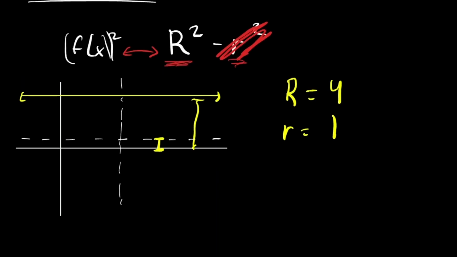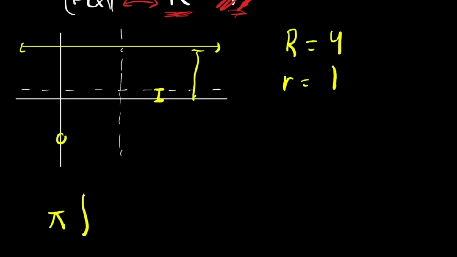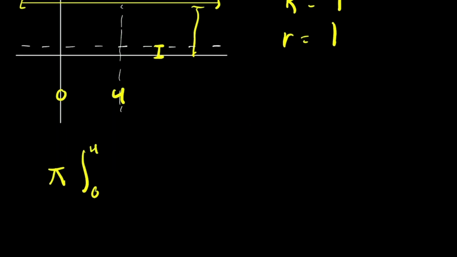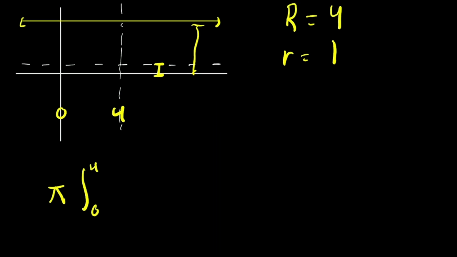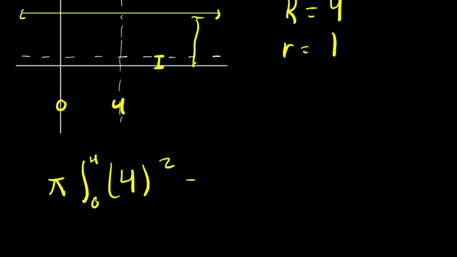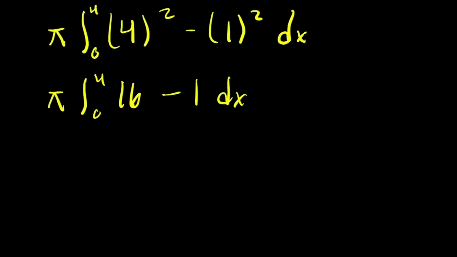All right, so now we have all the things that we need, so we can just write our formula down. It's from 0 to 4, I believe. So 0 to 4 of big R squared, 4 squared, minus little r squared, 1 squared, dx. All right, so we have integral 0 to 4, 16 minus 1 dx.